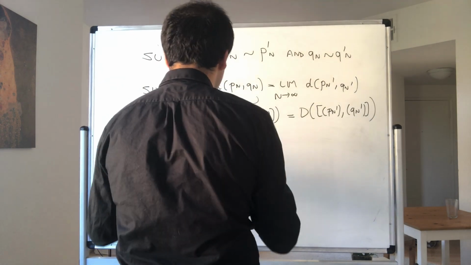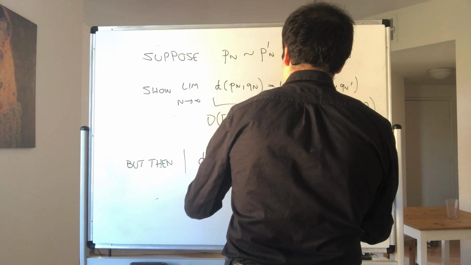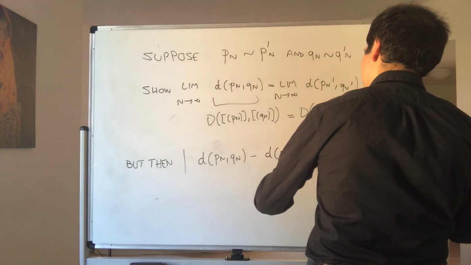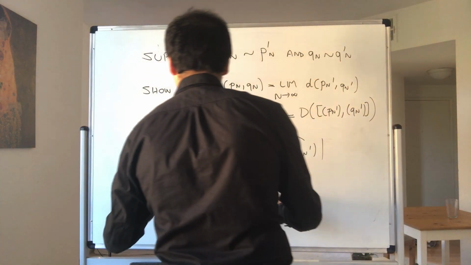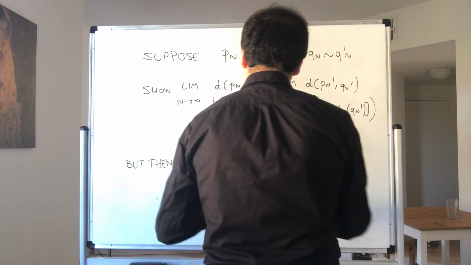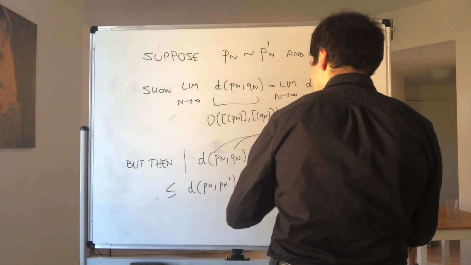But then let's consider just the difference between d Pn Qn and d Pn prime Qn prime. Again, by that interlacing lemma, this is less or equal to the d of Pn and Pn prime, plus d of Qn and Qn prime.